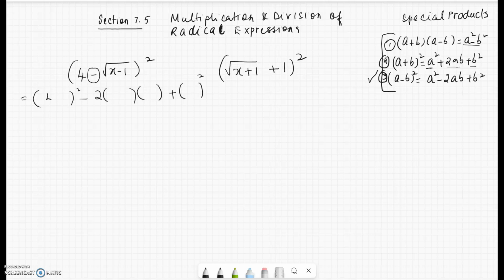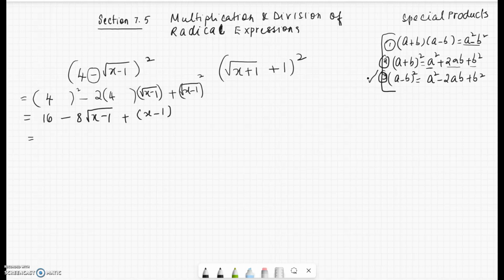Square the first, minus, because this is a minus, twice the product of the two, plus square the second. So this is 4 squared minus 4 times radical x minus 1, plus square the second. So that's squaring radical x minus 1. So 4 times 4 is 16. 4 times 2 is 8 radical x minus 1, plus, when I square the next one, I get x minus 1.